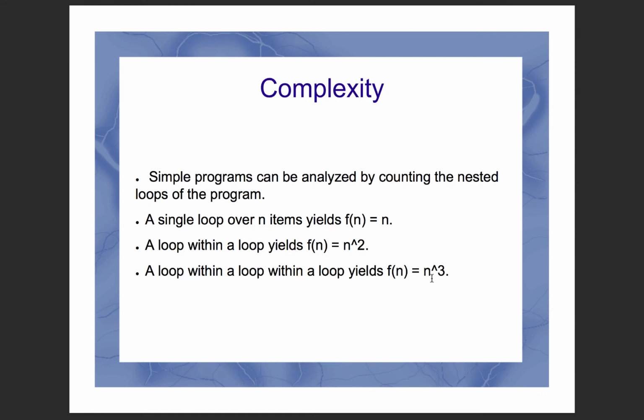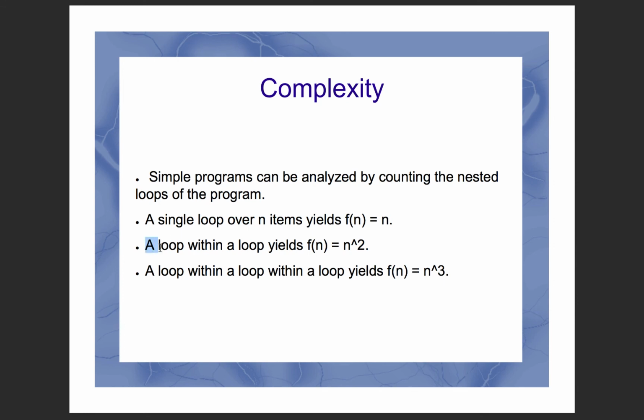Now let's come to complexity. How do you count your complexity? The best way to count your complexity is by counting the loops. You might have a for loop, a while loop, or some recursion that we will cover. By counting loops you can find out the complexity. If you have a single loop over n items, then the complexity of the program is n.